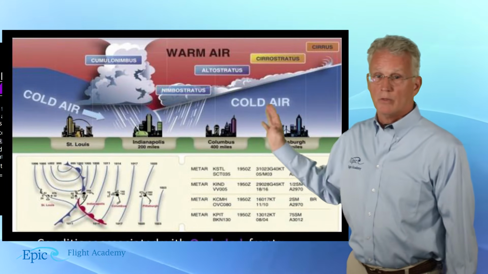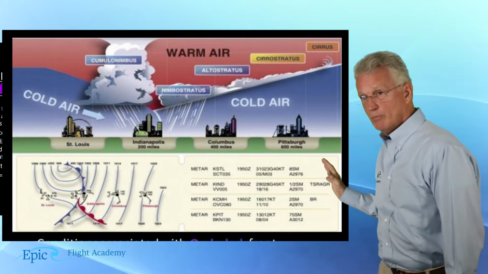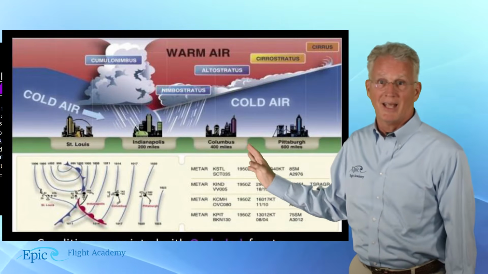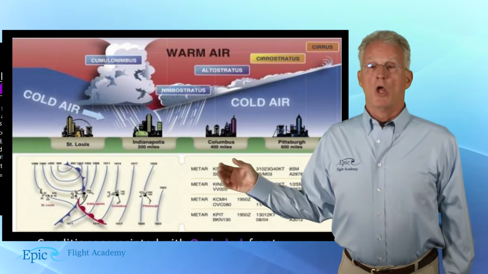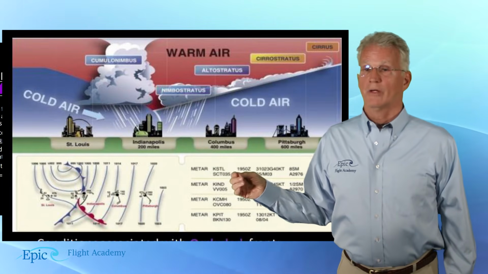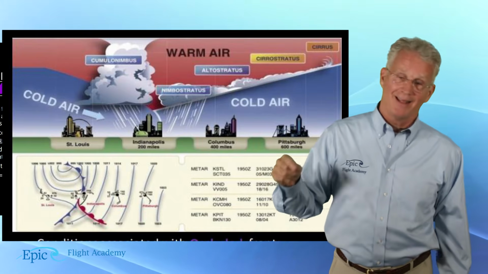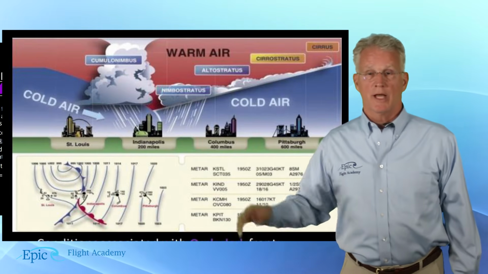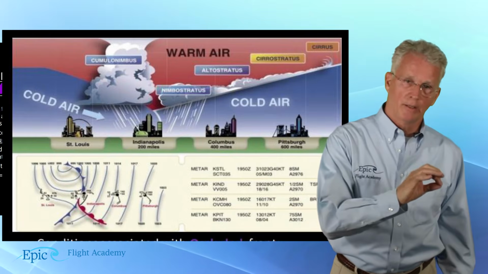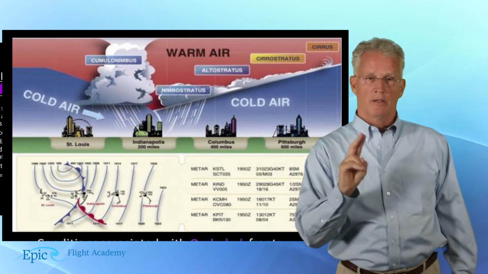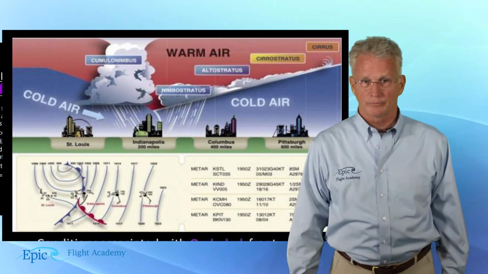And behind it, we see a cold front moving to the east and overtaking it. Now, on the diagram, where that cold front has overtaken that warm front, you see that depicted in purple with alternating half circles and triangles.